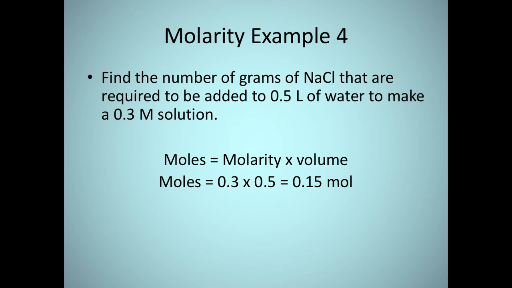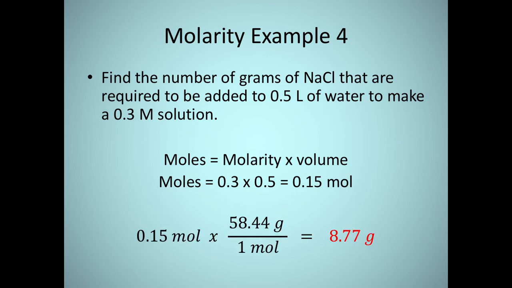Well, in order to convert it to grams, we look at our mole map. We have to multiply it by the molar mass. Well, the molar mass of NaCl is 58.44 grams. And when we do that, we know we need 8.77 grams of sodium chloride, of our salt.